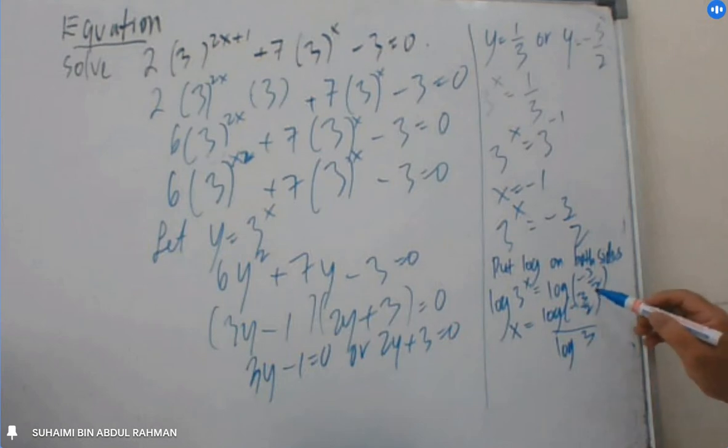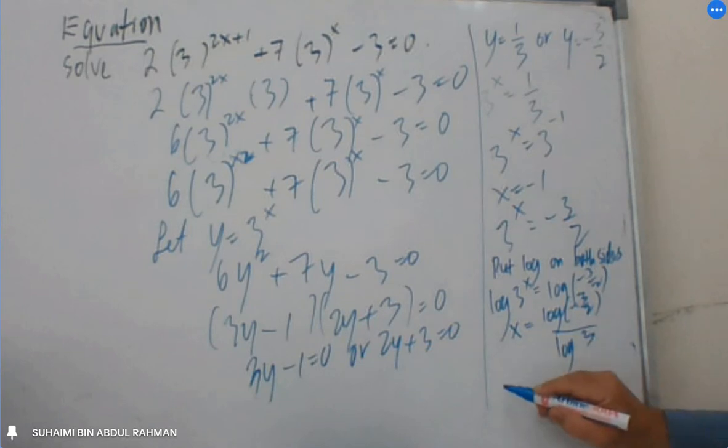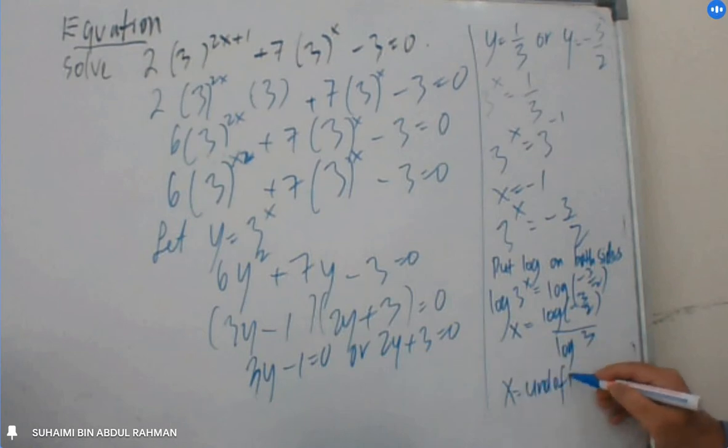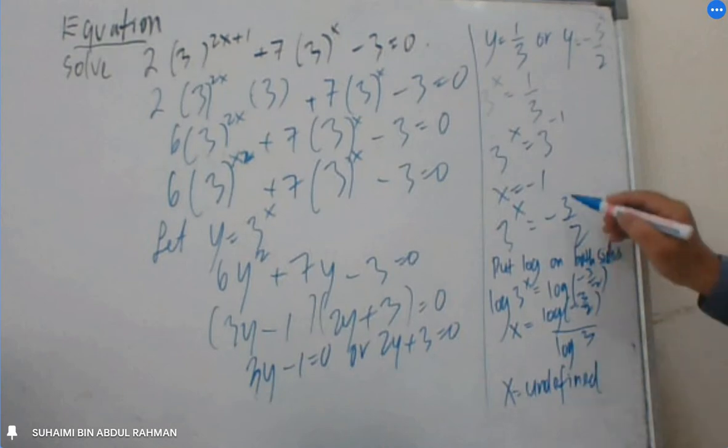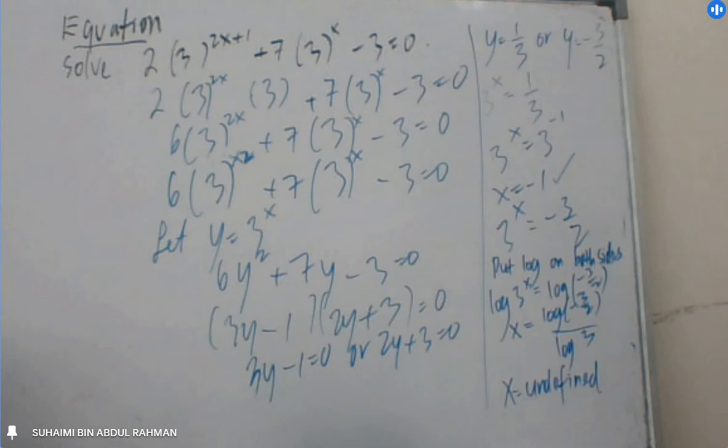Log minus 3/2 is already undefined because the value must always be positive. We cannot have the value negative. So, yes, the other one x is undefined. So the value of x here is -1.